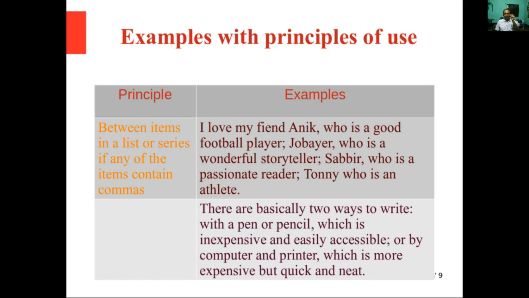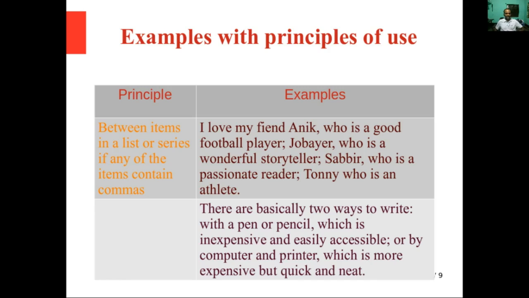Now let us take the example on the right side of the table. With the first sentence, I love my friend Anik, who is a good football player, Zubair, who is a wonderful storyteller, Sabir, who is a passionate reader, Tony, who is an athlete.